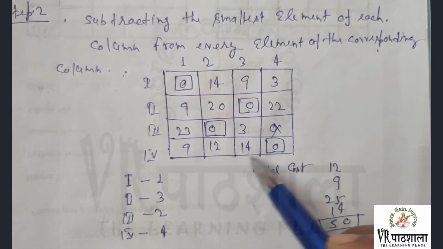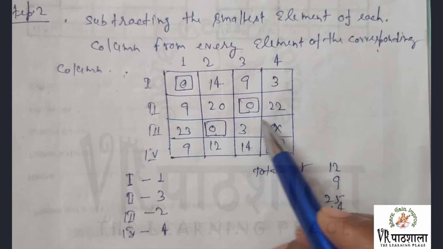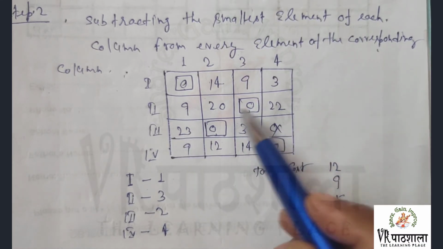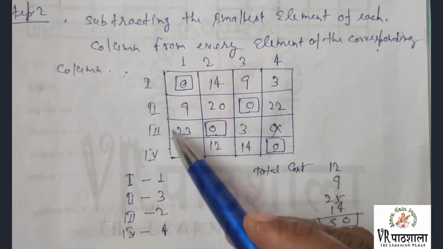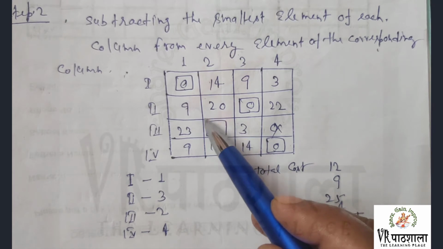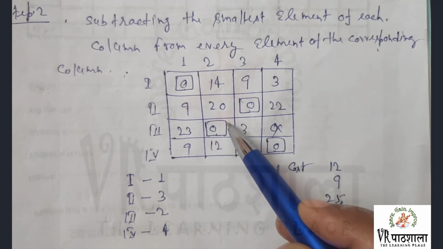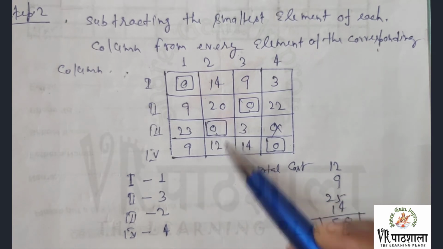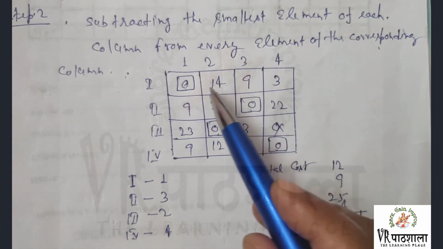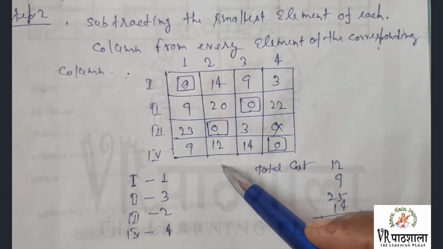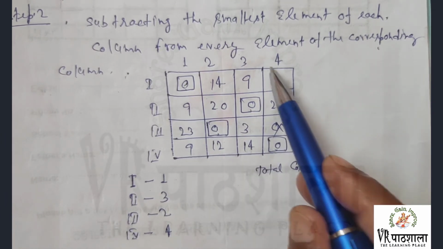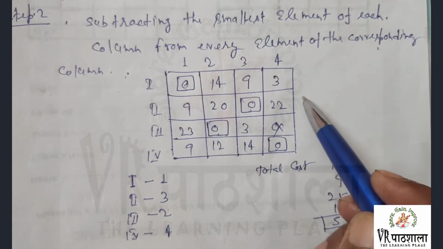Now we see that in the third row there is only one 0, so we will make this 0 an assignment. Now all 0 are covered, either they have an assignment or are cancelled.